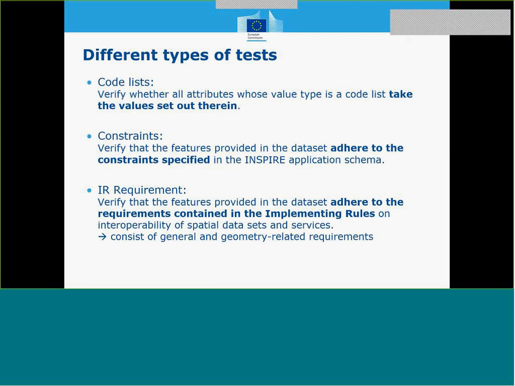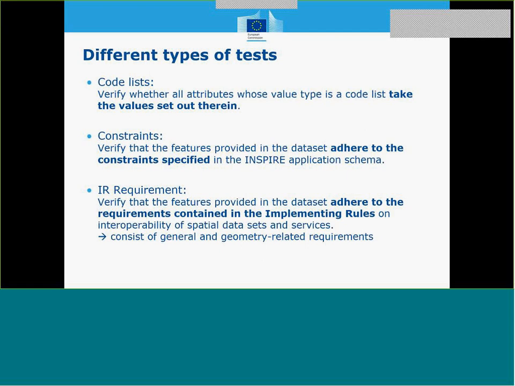In the technical guidelines, there are three different types of tests that we see. Firstly, there are the code lists. In this kind of test, we want to check whether all the attributes that have a code list assigned to them are taking values that are set within these code lists. Next, there are also the constraints.